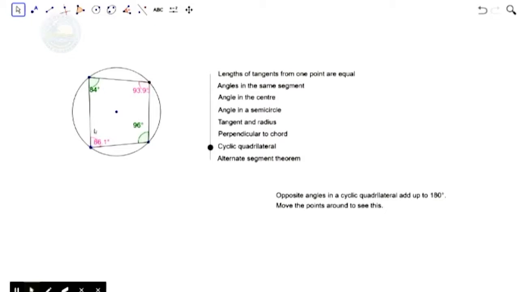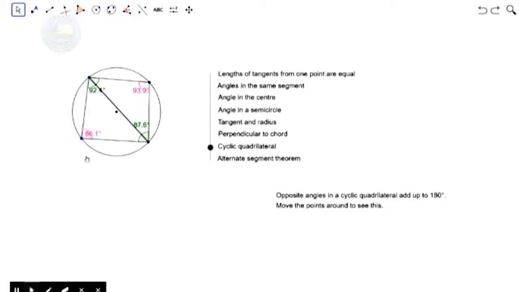Now, why is that? Well, even though you may not see it, if we were to draw the chord that connected these two, then we would realize that this is an application of the rule where we said that angles in the same segment subtended by the same chord at the circumference are equal.